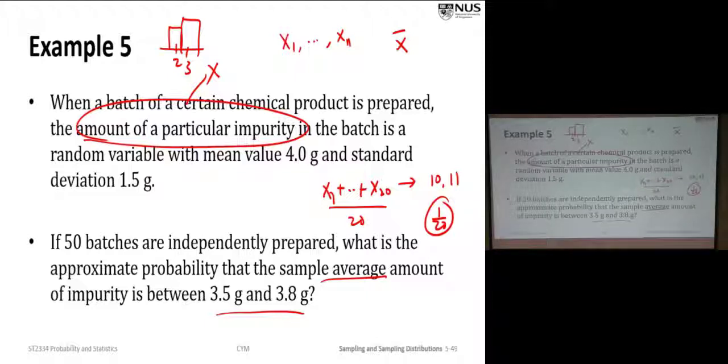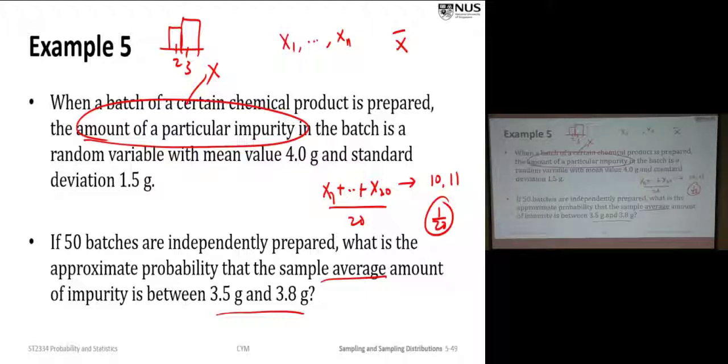From one sum to the next sum, the difference is 1. But once you divide by n, let's say n equal 20, the difference between the sample mean values is only 0.05. Then half of it is 0.025. If your n is 100, the difference between the sample mean values is only 0.01, and half of it is only 0.005, a very small number.